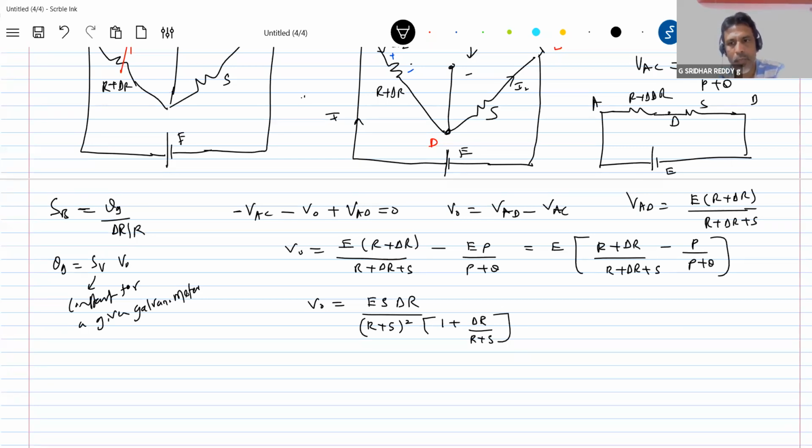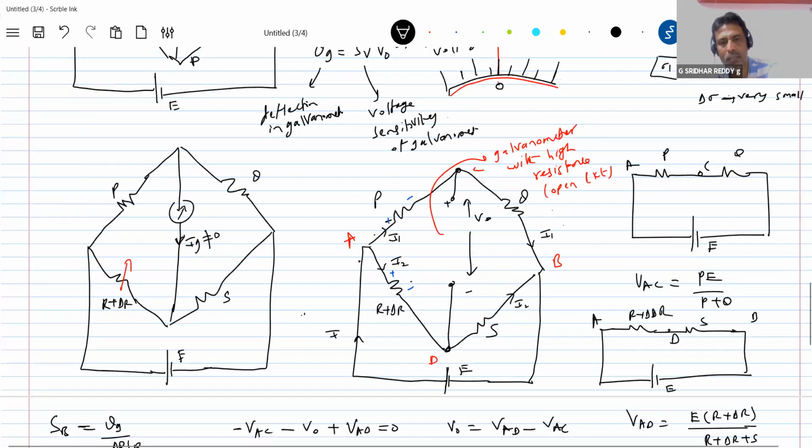I did some replacement. P by P plus Q, what can you write it as? Anybody? R by R plus S. Can I write it? From where? I brought it here, no?